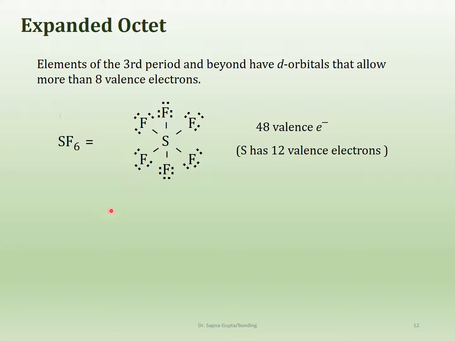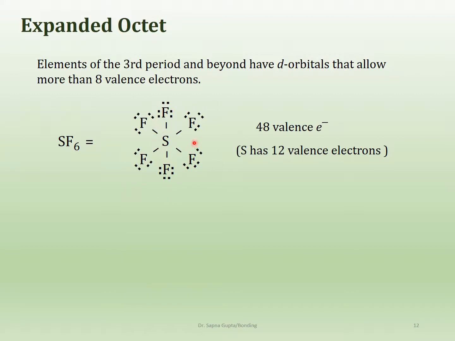So for example, we can have sulfur. Sulfur is just below oxygen in group 6, which means it has 6 valence electrons: 1, 2, 3, 4, 5, 6. And as you can see in this structure with SF6, it is bonding all of its 6 valence electrons with 6 fluorines.